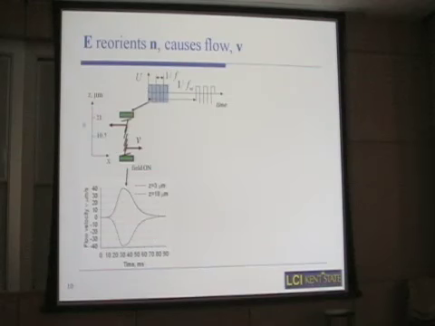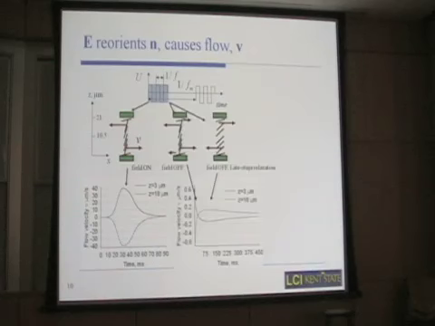You see that after you apply the field, the velocity profile has this non-monotonic form. The reorientation forces the flow, and then it decays. And if you switch the field off, you have a relaxation, and you might notice that the velocity here is much smaller because this is the passive relaxation according to the boundary conditions at the substrates.